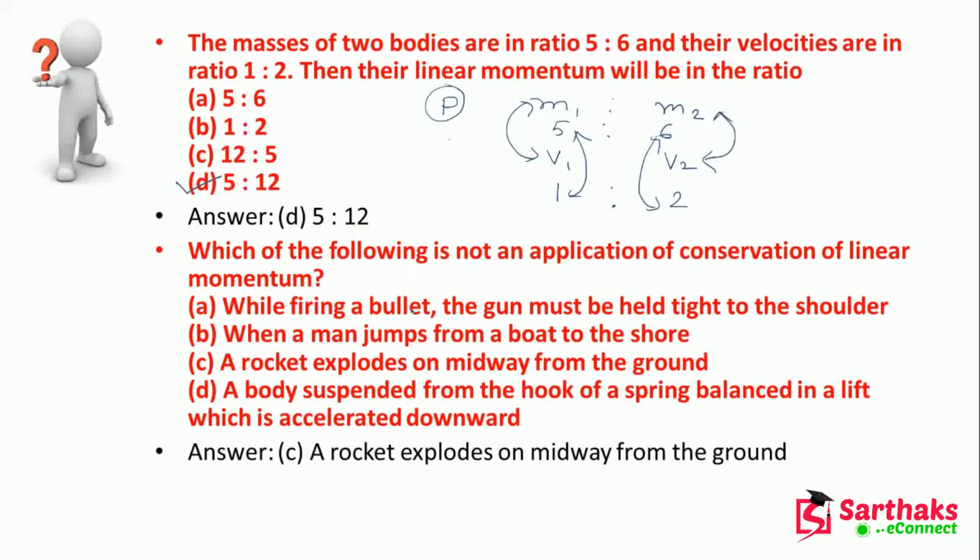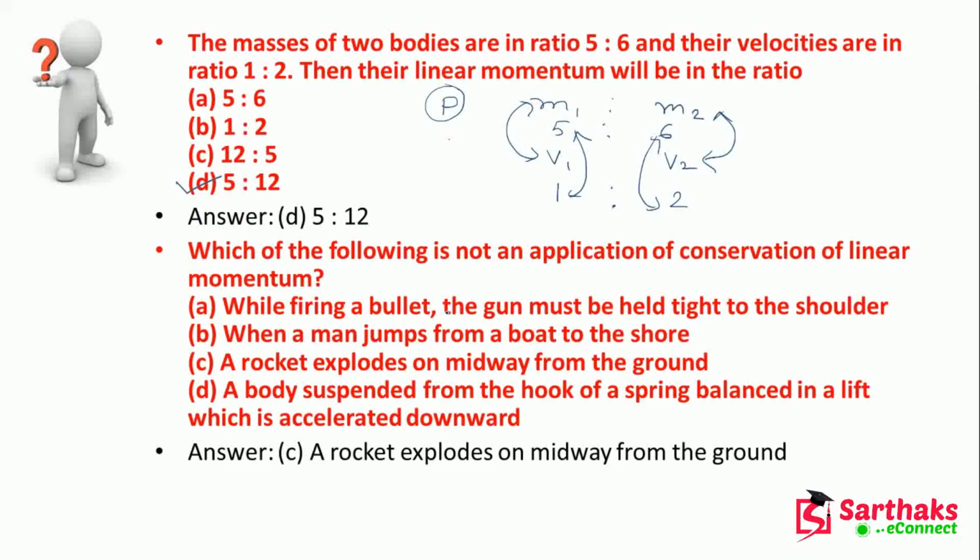Okay. Which of the following is not an application of conservation of linear momentum? First example they have given us: while firing a bullet, the gun must be held tight to the shoulder.